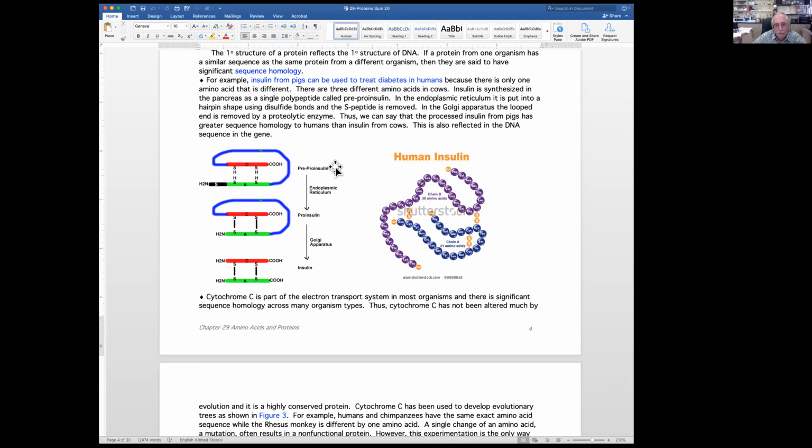Then it has to go to the endoplasmic reticulum. The enzymes in the endoplasmic reticulum cut out this part right here. And now you have what's called proinsulin. And proinsulin has to go and get processed in the Golgi apparatus, where this blue part is taken off. And now we have insulin. It's two different polypeptides held together by disulfide bonds. And that is the active form of insulin.